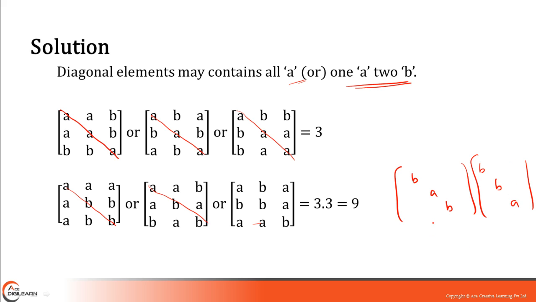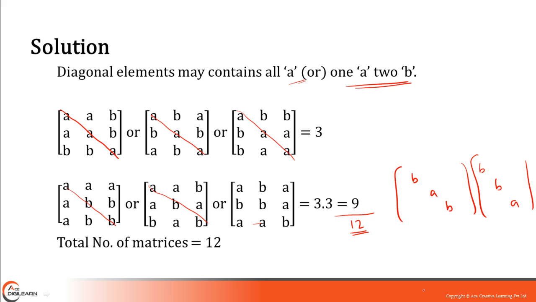So 3 more in this and 3 more in this form. So altogether 9 matrices, plus these 3, altogether 12 symmetric matrices we can make from the given elements. So the total number of matrices is 12.